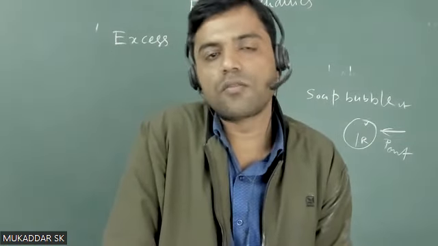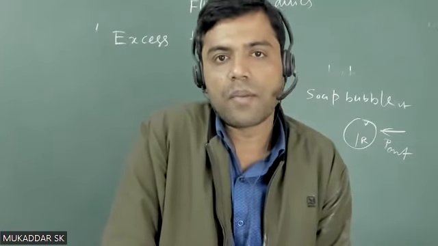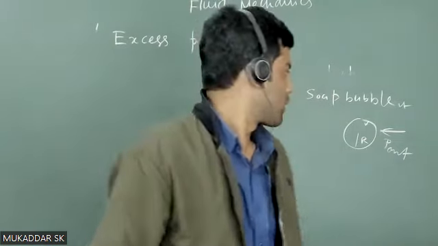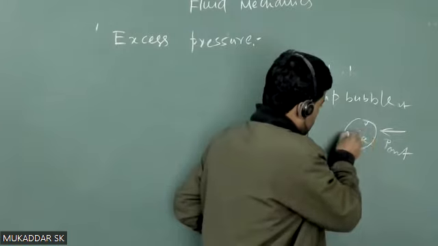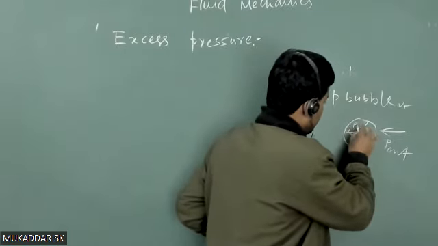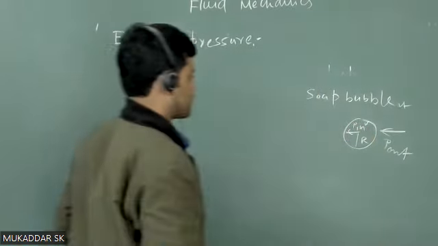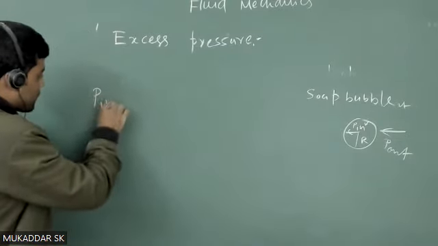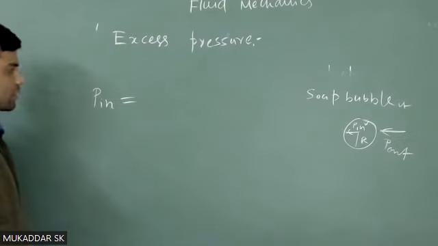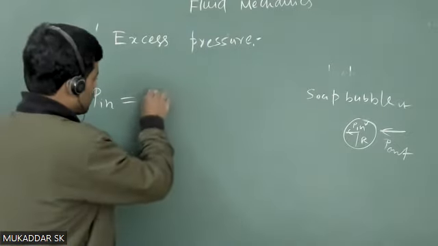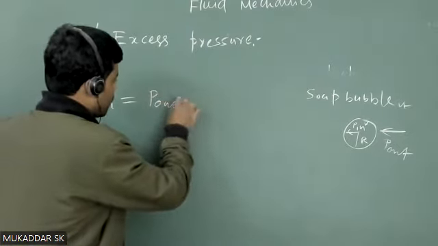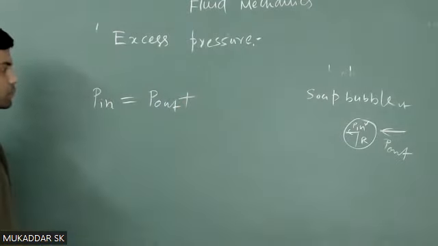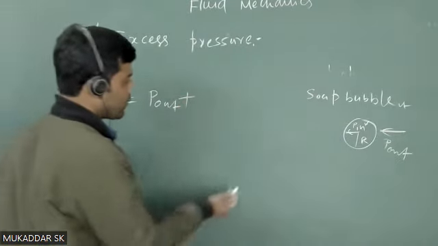Both these pressures are balancing with P in, the pressure acting away from the center. So for the soap bubble case, the inside pressure P in balances the outside pressure P out arising because of the atmosphere, and the surface tension.